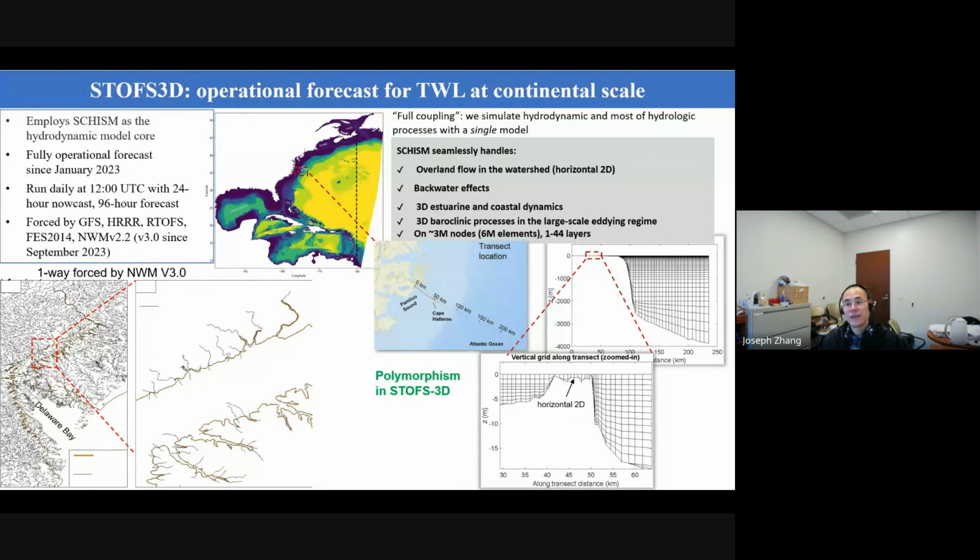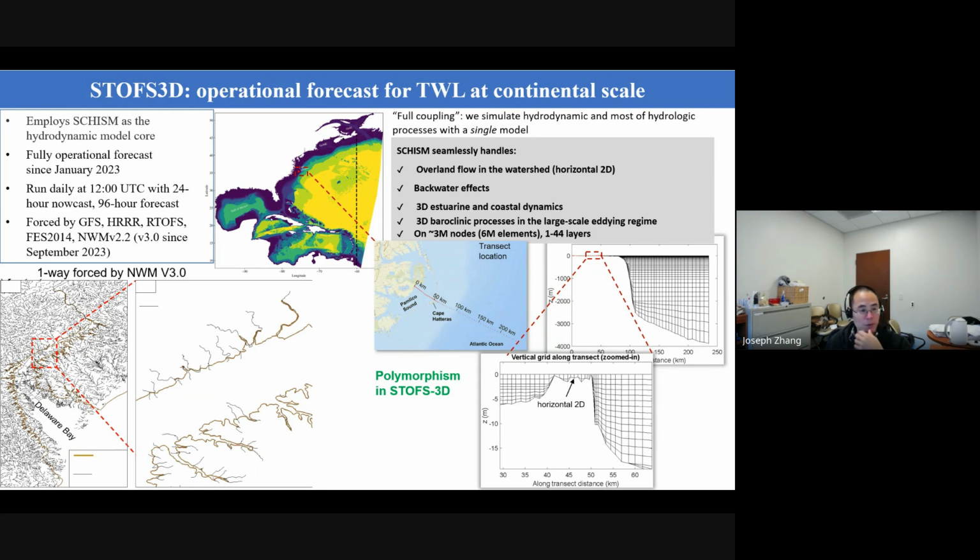So right now the STOFS 3D receives the forcing from the atmosphere side, there's HRRR and the GFS, and on the ocean boundary side, we are forced by the GOFS and HAFS. On the watershed side, one thing we did differently is we cut the land boundary not at the shoreline, instead 10 meters above sea level, in order to account for these coastal transition zones.